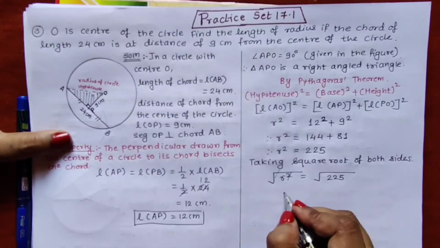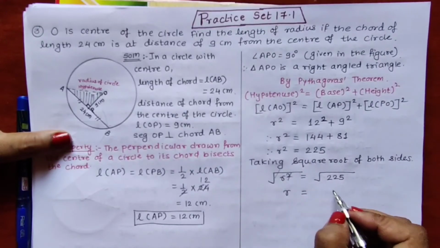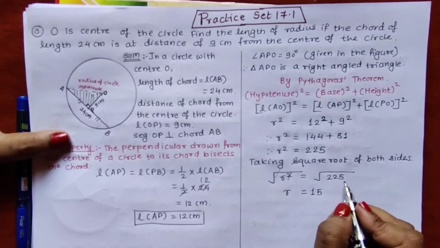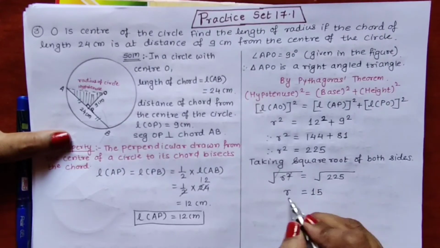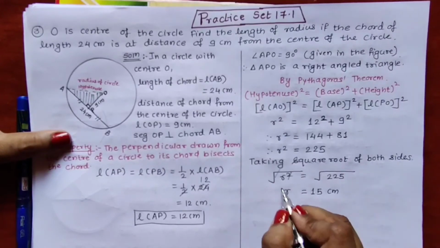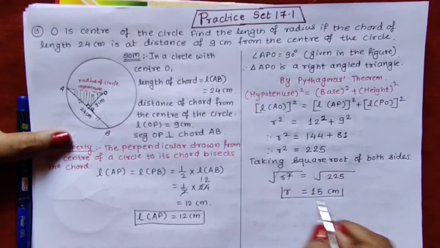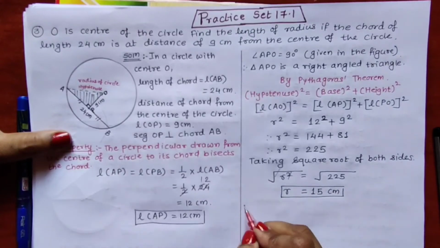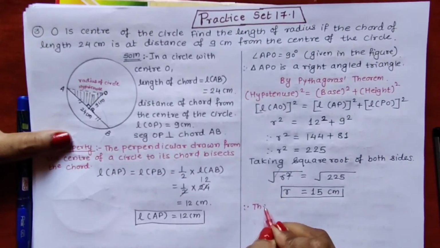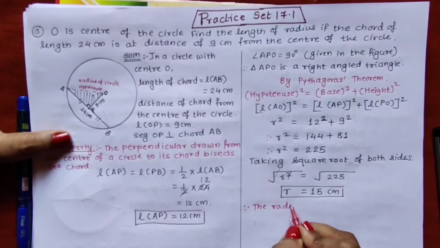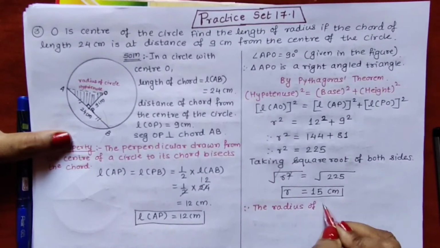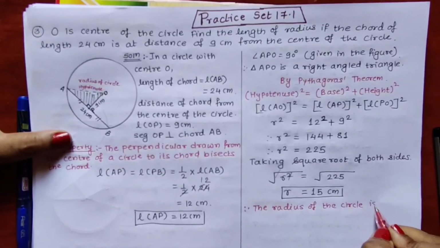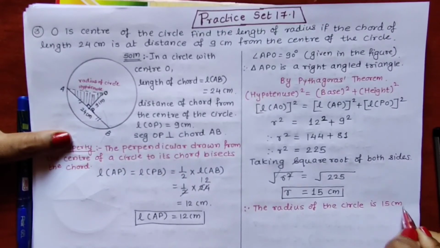We only get R, and we all know 225 is the square of 15. So the square root of 225 is 15. So R is equal to 15 centimeter. In this way we can get the radius of the circle. And therefore we should write the answer statement: therefore the radius of the circle is 15 centimeter.